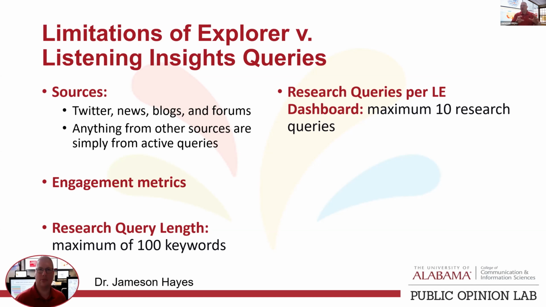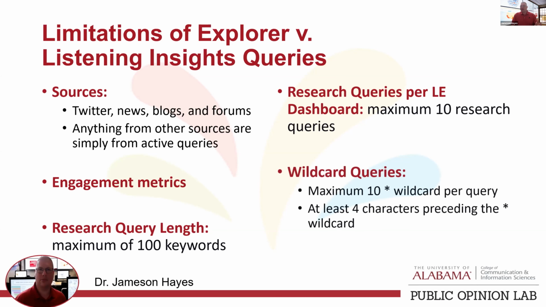So you can build queries and then put multiple queries in, but you can only do 10 in Listening Explorer. There's also a maximum number of 10 wildcard queries. Wildcard queries are when you have a stem word that you want to put an asterisk on. So if you want to look for consulting, consultant, and consultation, you can just put consult and a star and it will pick up all three of those. You can do that 10 times, and you have to have at least 4 characters preceding the wildcard, so you're not pulling something super broad into the system.